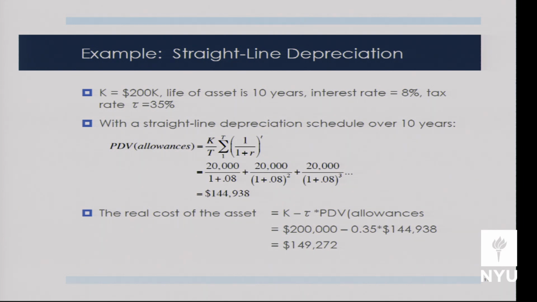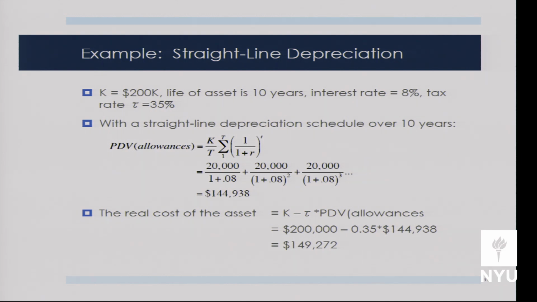Notice I start this at 1. We could have started this at 0. It just depends on how far away tax time is from purchase time. If I buy this asset on January 1st and I file my tax return and get my tax benefit on December 31st, we're going to discount even the first tax deduction, the first depreciation allowance, by 1 year.